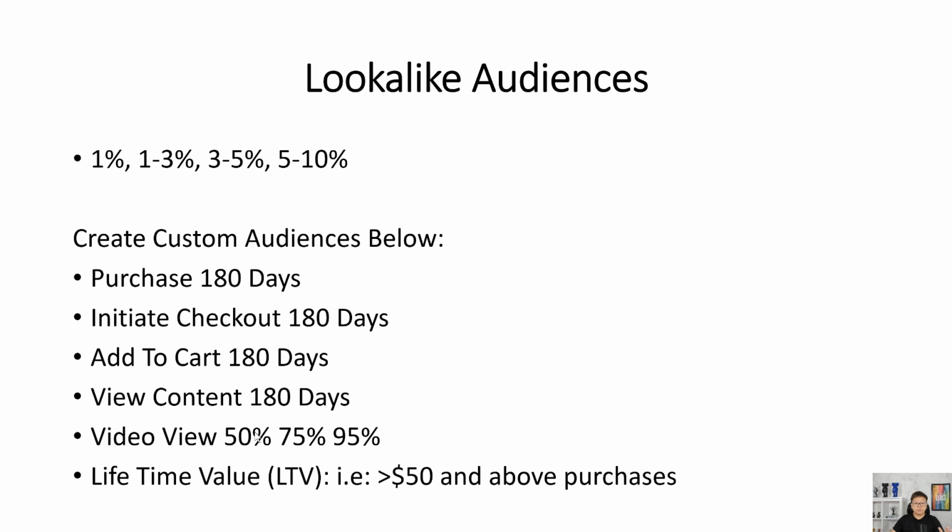The percentage refers to the people who have viewed your video ad. We don't usually target anything below 50%, but feel free to explore and test different percentages. As a best practice, we like to use anything above 50%.